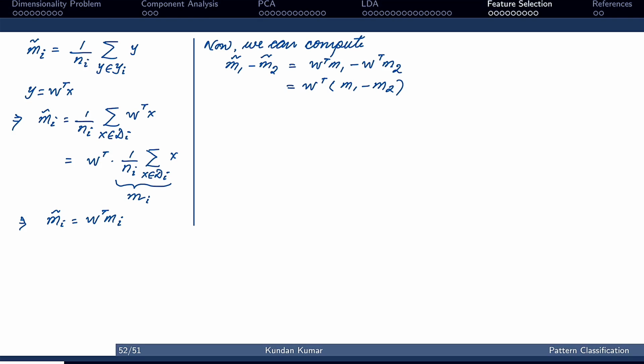Now we have computed m1 tilde minus m2 tilde, and this was the numerator term of the criteria function.